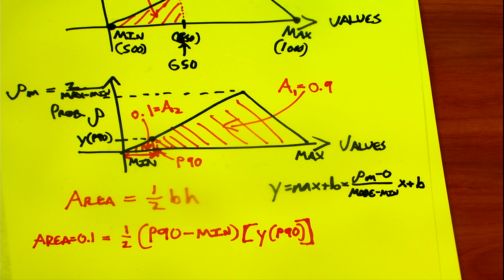The probability density of the minimum value is defined to be 0. So when you make your triangular distribution and start plotting those points, the minimum value should be plotted at 0. Same with the max.